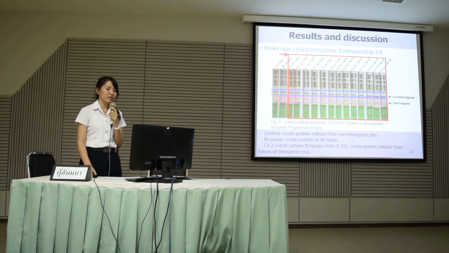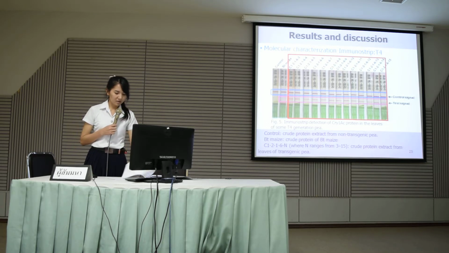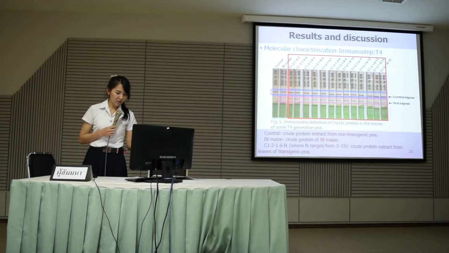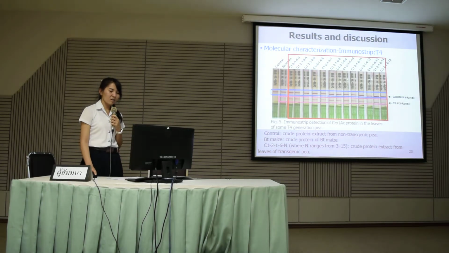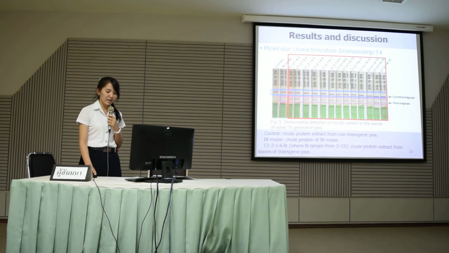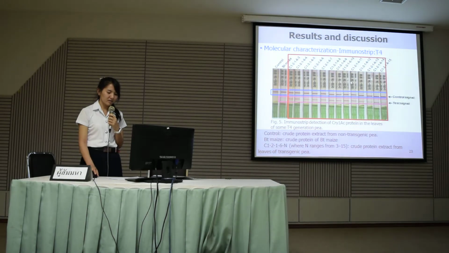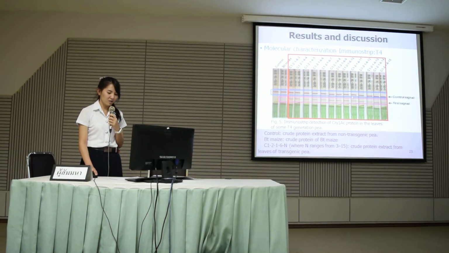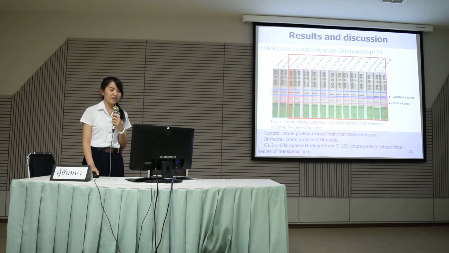And in the red box is crude protein extract from leaf of transgenic P. The result of the immunostrip assay indicated the accumulation of novel protein, and control signal and test signal were observed in the transgenic line, while only control signal was observed in non-transgenic P.